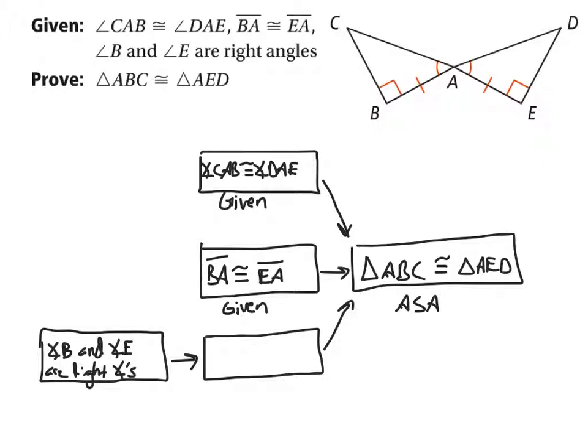It's exactly the right angle theorem. So the right angle theorem tells us that if we have right angles, then we know they're congruent. So we know that angle B is congruent to angle E. It has to be. Okay?